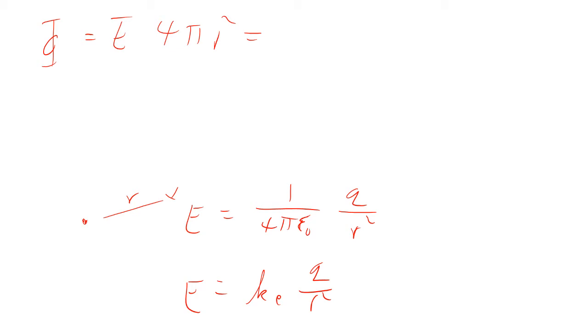Because if I use this form and plug in, I have 1 over 4 pi epsilon naught q over r squared times 4 pi r squared. The 4's cancel, the pi's cancel, the r squareds cancel, and that's just q over epsilon naught. So that would be the flux.